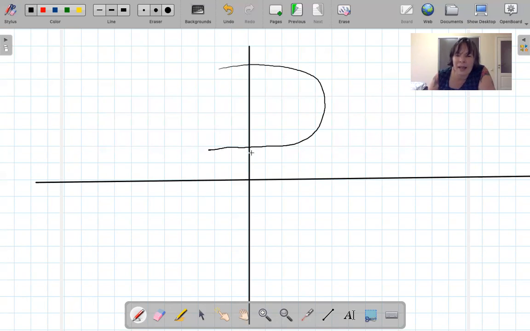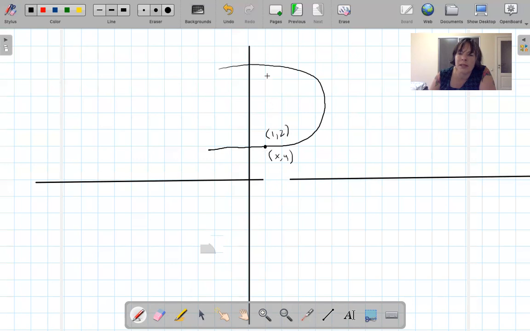If I have my X right here, where is my Y? This is 1 X, 2 Y, right? This point right here is 1, 2.